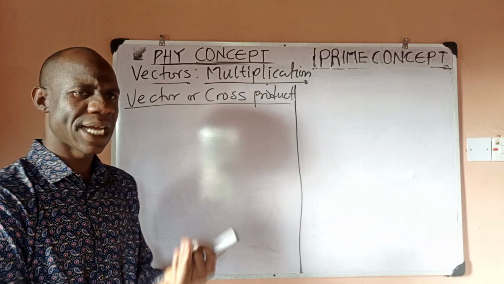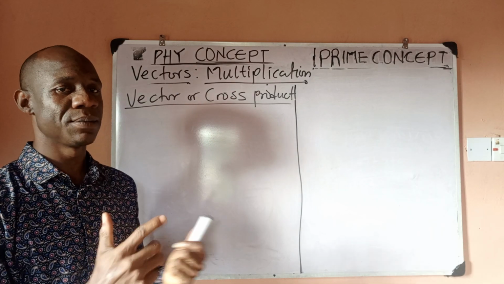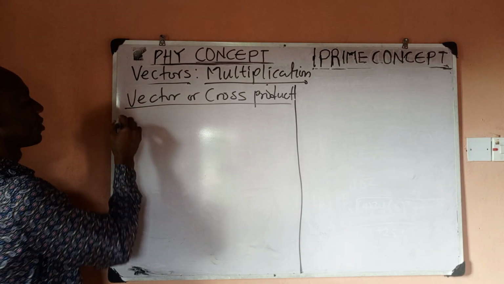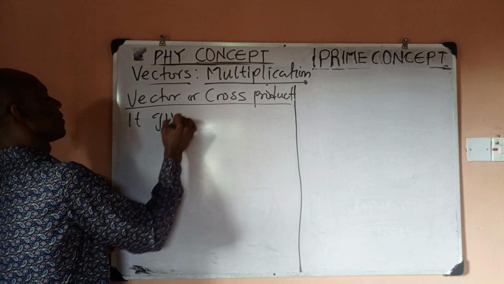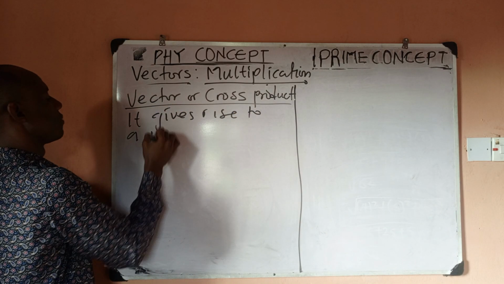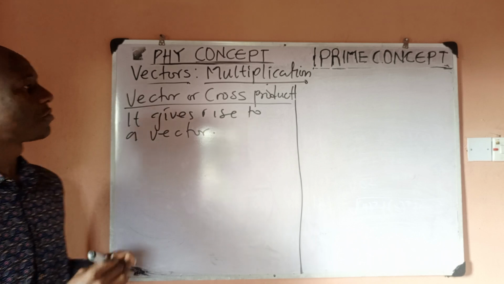But when you carry out a multiplication and your answer does not carry i, j, or k, it means your answer is a scalar. So this type of product gives rise to another vector, and that is why we call it vector product.